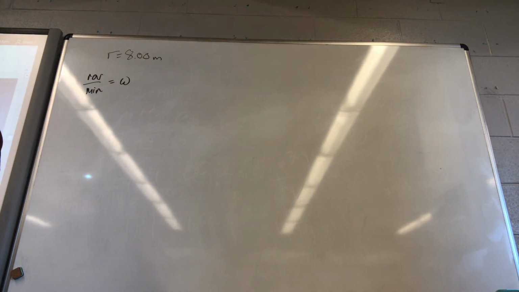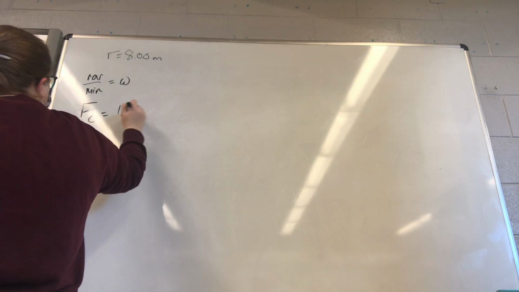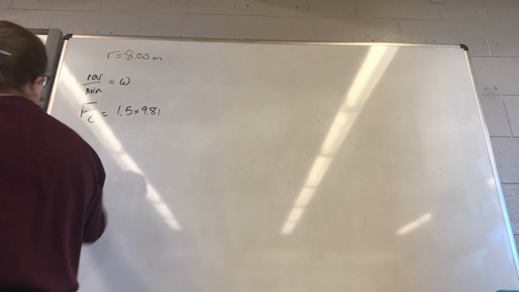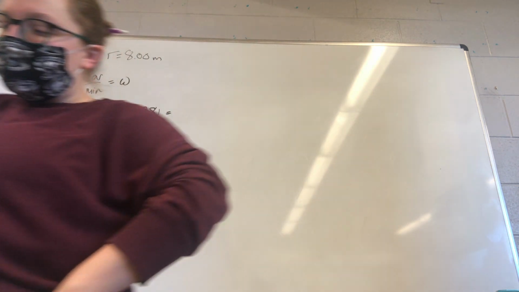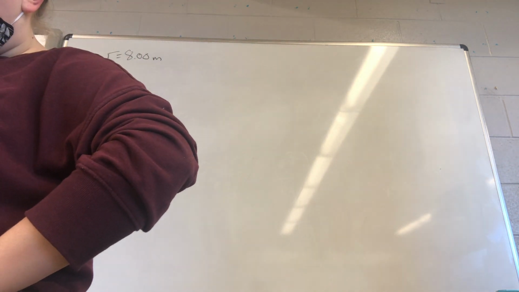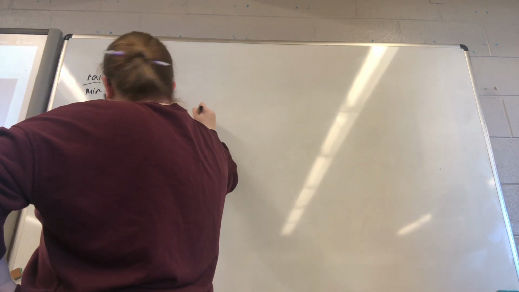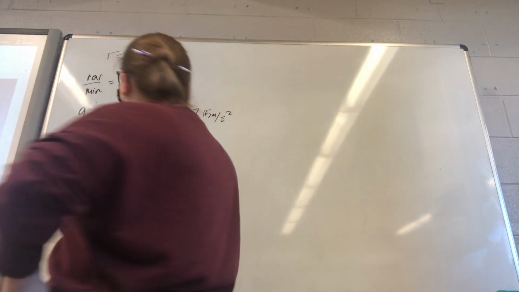Will the riders be subjected to a centripetal acceleration 1.5 times that due to gravity? So first thing I'm going to do is try to figure out what 1.5 times that of gravity is so that I'm using a number. I got 14.715, and that's going to be in meters per second squared.